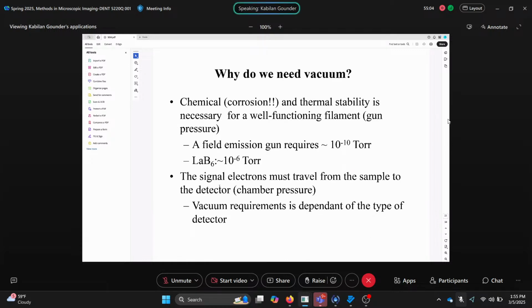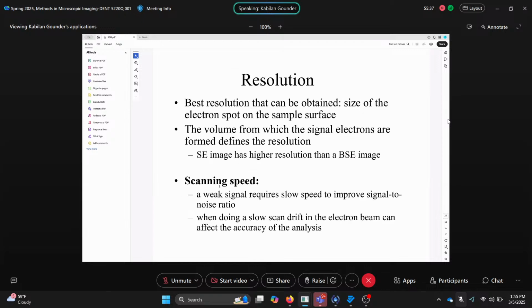Another important point is the chemical and thermal stability necessary for the filament to function well. Also, the field emission gun requires 10 to the power of minus 10 torr. The signal electrons must travel from the sample to the detector, so the chamber pressure is also important. The vacuum requirement depends on the type of detector, whether backscattered or secondary electrons.